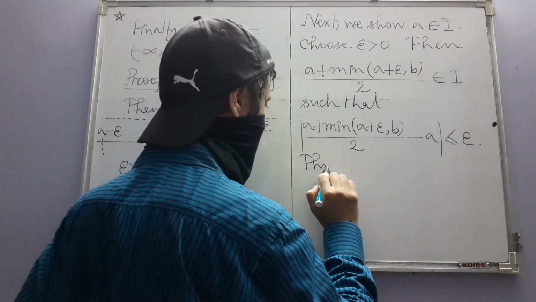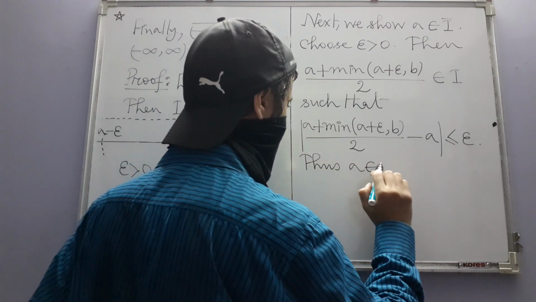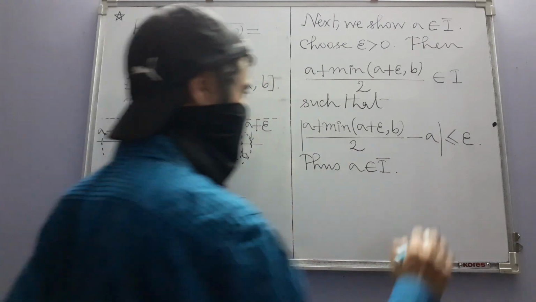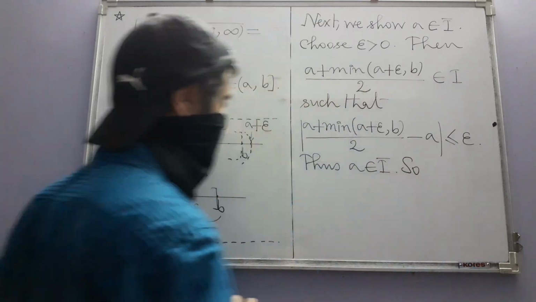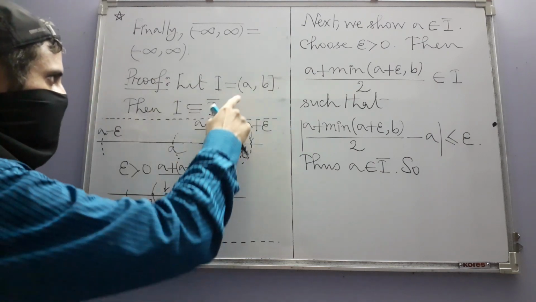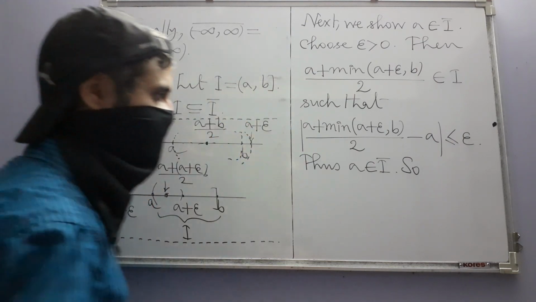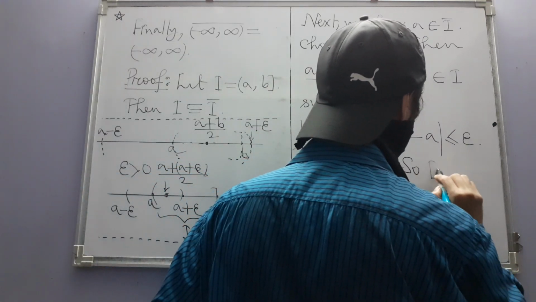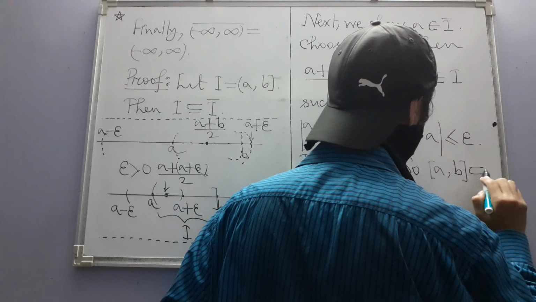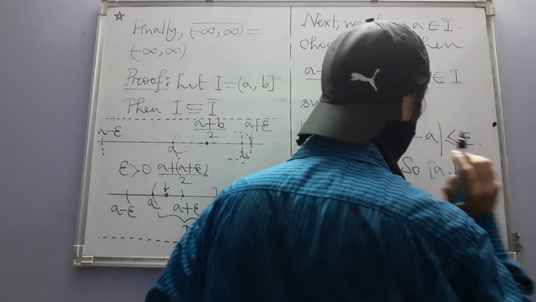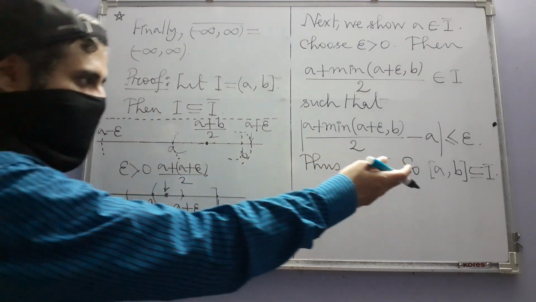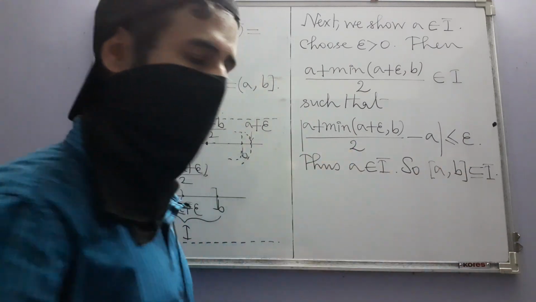Thus A belongs to I closure. So already we have this much in I closure, but now additionally we also have A. So the closed interval itself is a subset of I closure, but that by itself does not say that it should be equal to I closure.